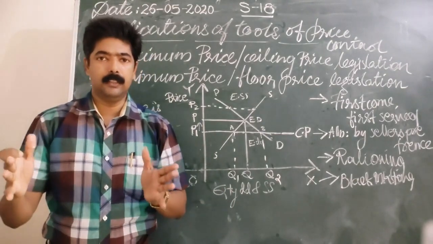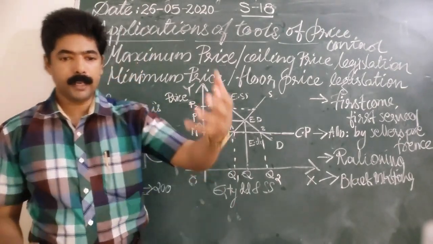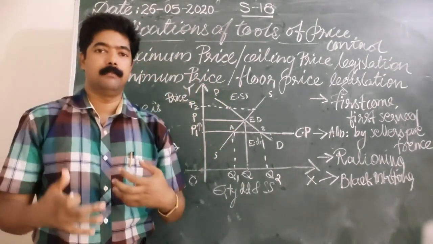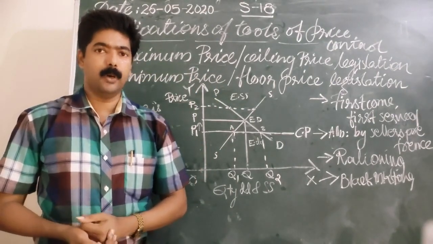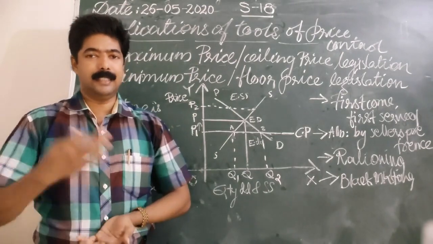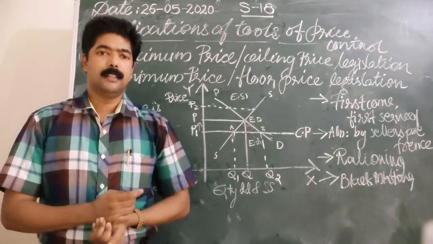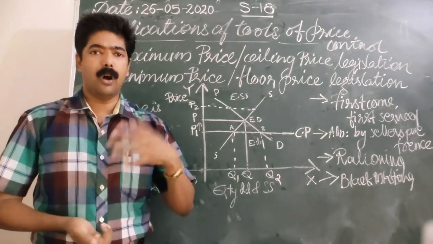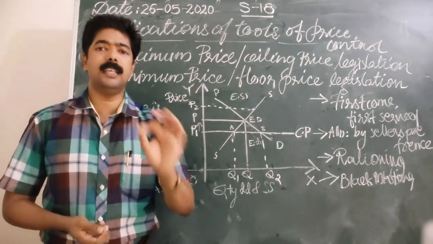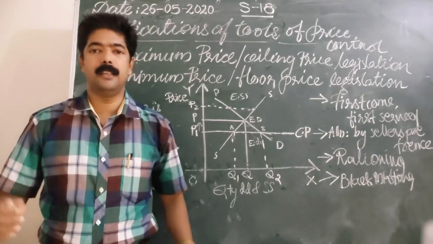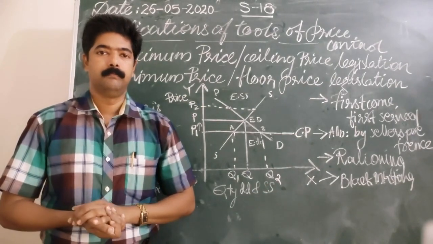Is it black in color? No. A black market is a type of market in which commodities are sold at higher prices than the existing price of those commodities in the market.